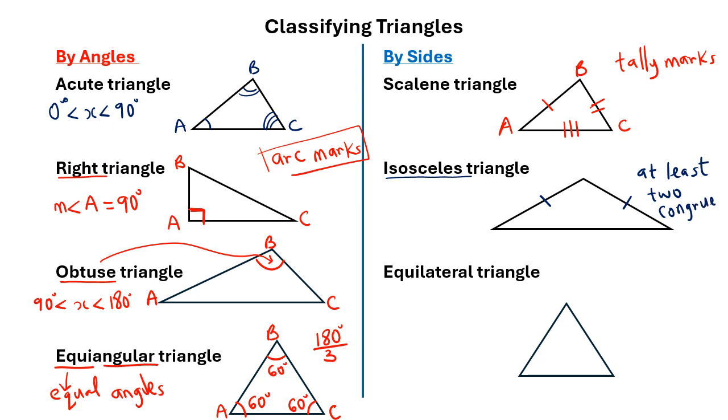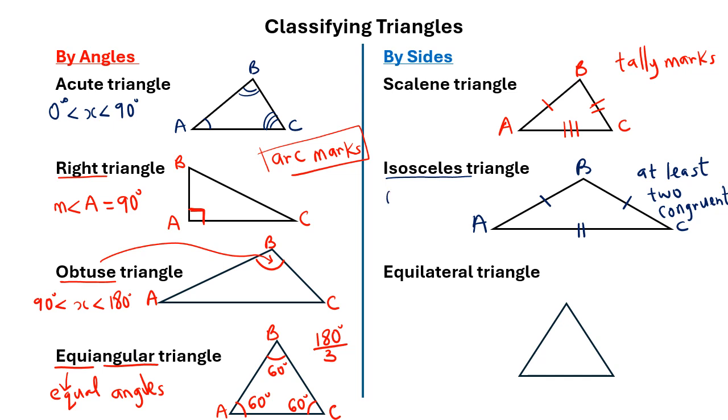Congruent means having the same measure, same shape, same measure. Here I'm going to put A, B, and C, so the isosceles triangle here is triangle ABC and it has two congruent sides. The third side AC would be a different side. So there are at least two congruent sides.